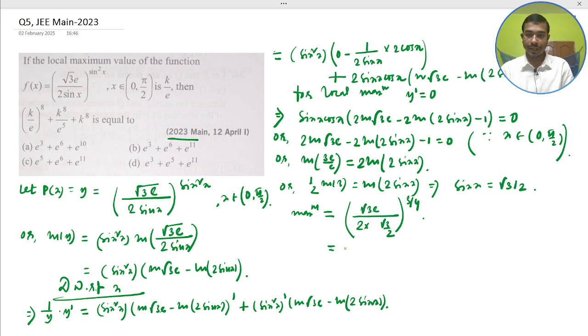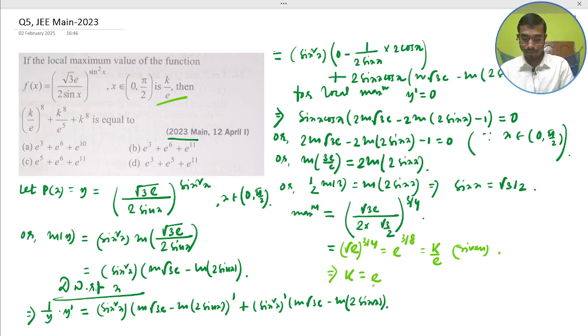That is equal to √e to the power 3/4. So it would become e to the power 3/8. It would become k by e. This is given, k by e. So from here, k would become what? e to the power 11/8.